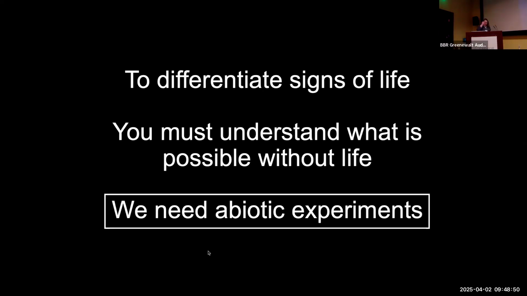A slide that I have been beating on at most conferences for a while is that to differentiate signs of life, you must understand what is possible without life. To do that, you need to do abiotic experiments because, as Barbara and Jeff have both pointed out, it is very hard to measure abiotic processes in an environment that has a lot of biology going on.